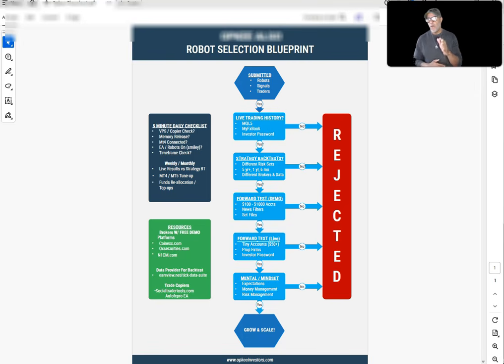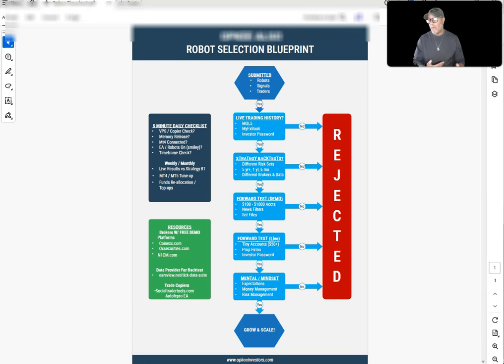Always remember why we focus on the small accounts. We know that small accounts, anywhere between $100 to $1,000, is not going to get you immediately rich, but it gives you the ABCs to get there. A, it makes you aware of how these robots perform in real market, in real live trading, instead of just the ones that show demo accounts and back testing accounts.